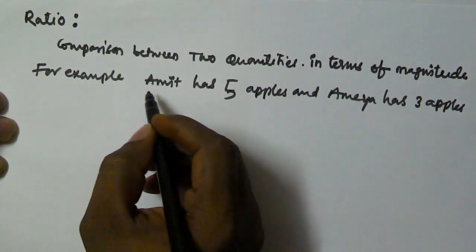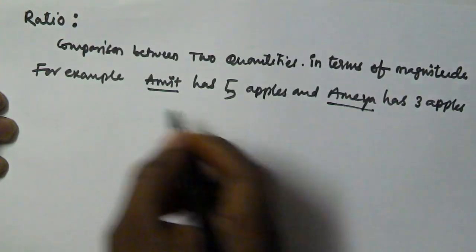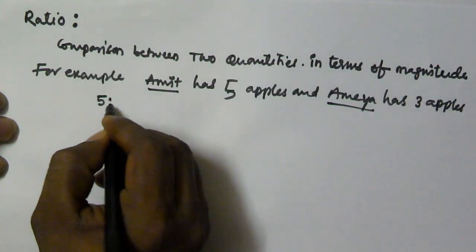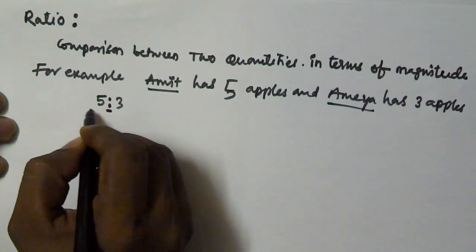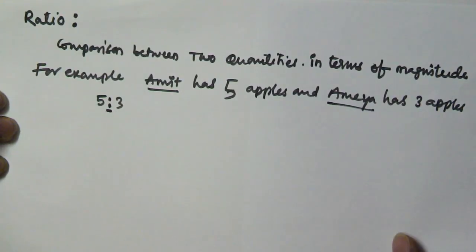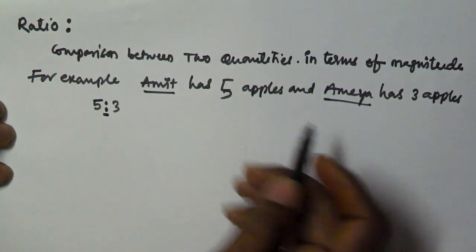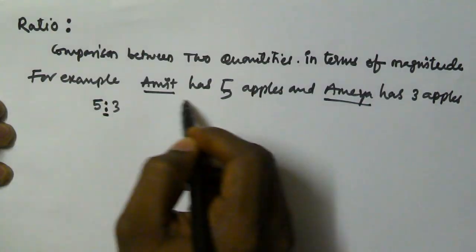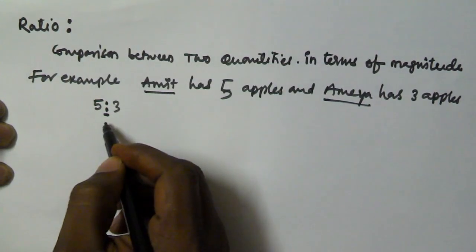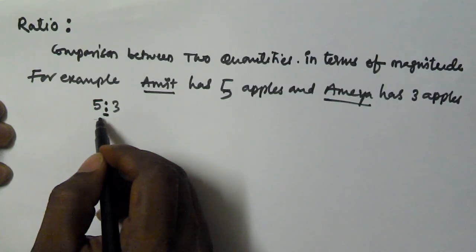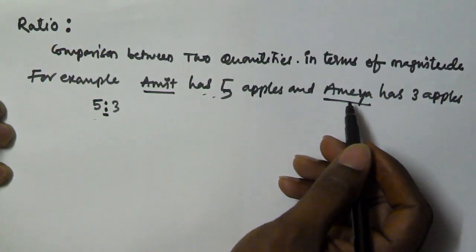Then the ratio of the apples Amit has to Ameya is 5:3. So this is called a ratio symbol. If Amit is having 5 apples and Ameya is having 3 apples, then 5:3 is called the ratio between the apples Amit has to the apples Ameya has.